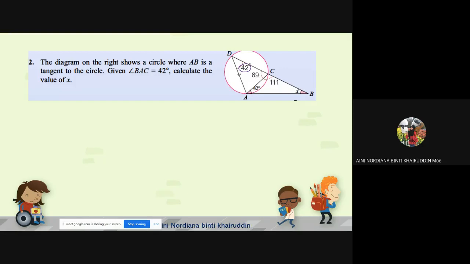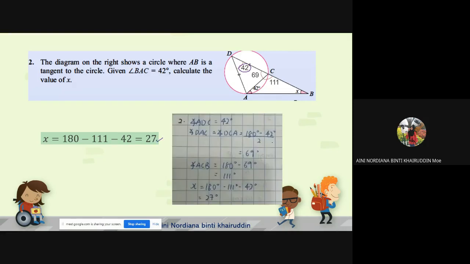Then only you can calculate the value of X. Value of X, 180 minus 110 minus 42 equals 27. So this is your friend's answer. Look at the step work. Sangat tersusun jalan kerja. So full mark for solve.